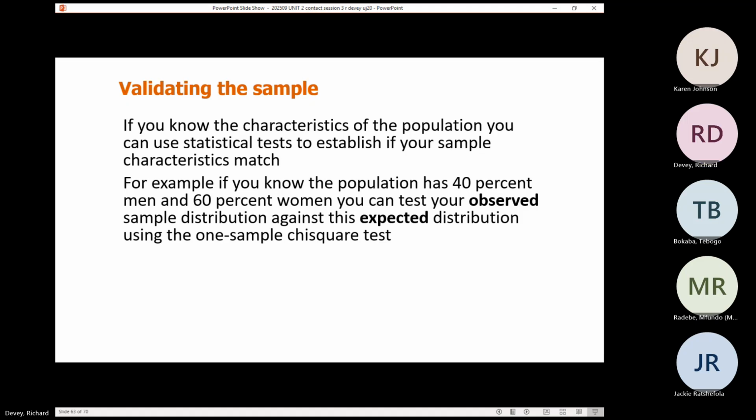That allows you to say I've got the same distribution in my sample as in the population, which gives you a stronger argument to say my sample is representative of the population.